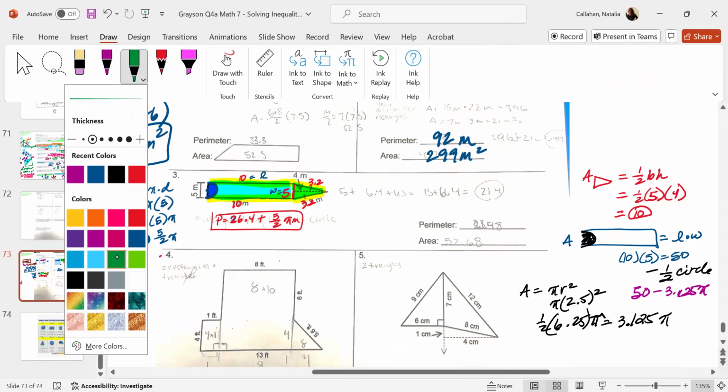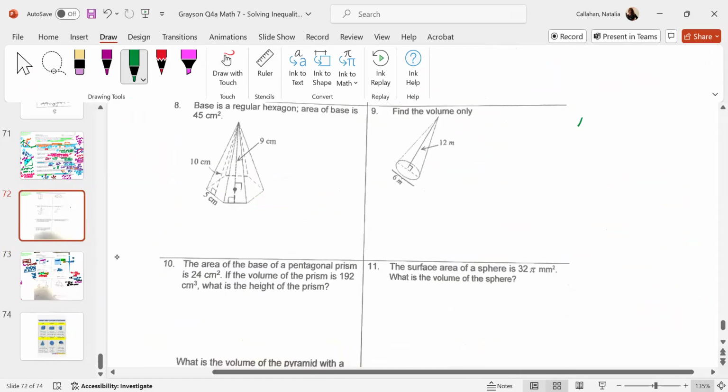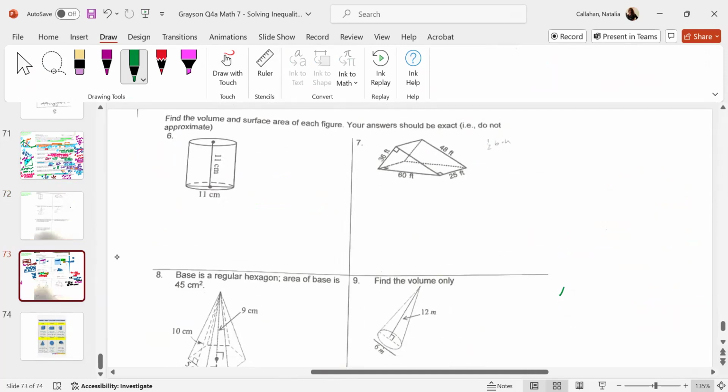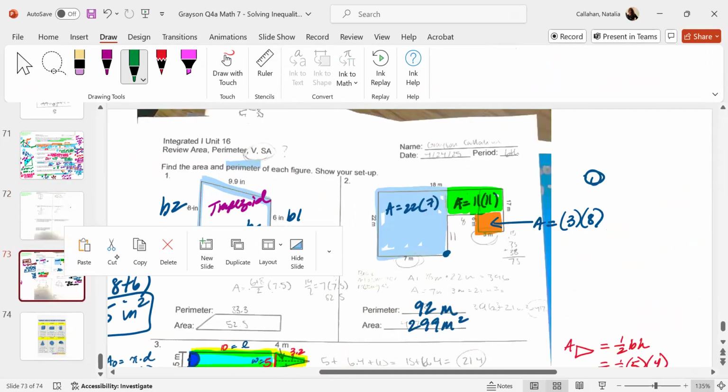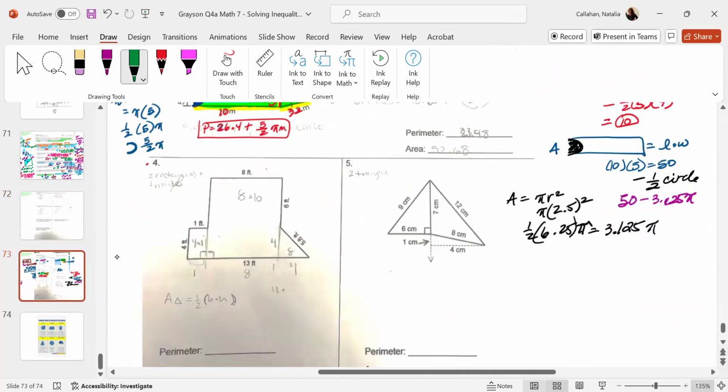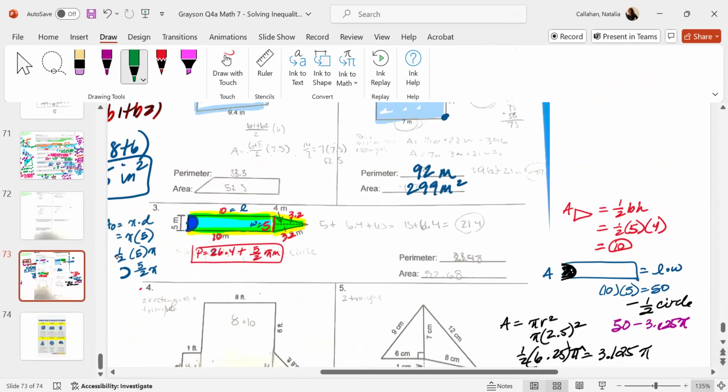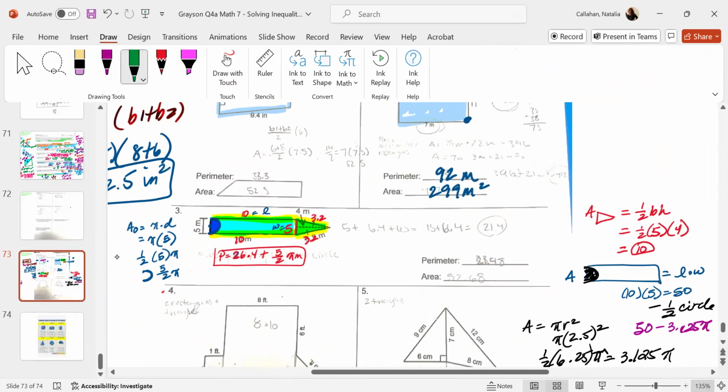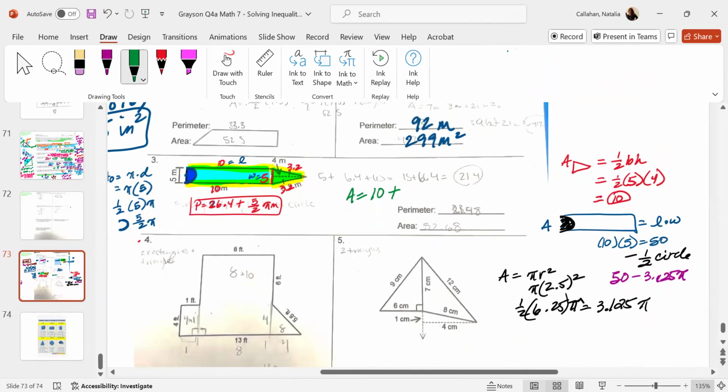So your answer for this. You got the perimeter already. Your area is going to be the area of the triangle, which is 10, plus the area of the rectangle, which is 50, right?